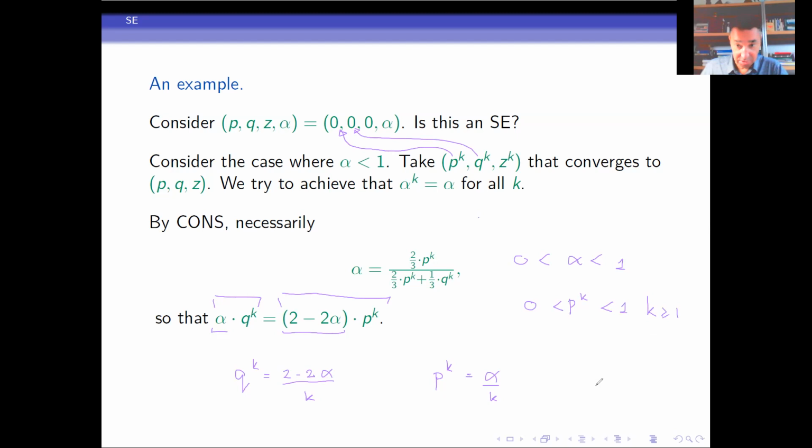And the same is not yet valid for qk, so of course, it is certainly strictly larger than 0. It may not yet be smaller than 1, because if alpha is very close to 0, and k is 1, then it's almost 2. But of course, it is true as long as k is at least 2.